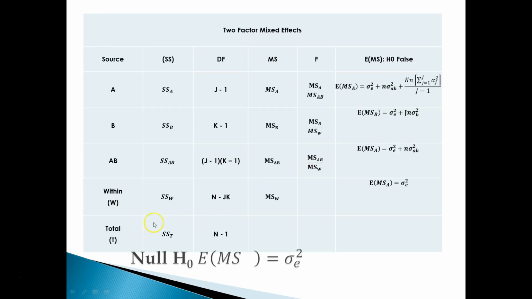So when we talk about dividing these F statistics appropriately, the mean square of interaction is divided by within. For the B term, which is random, the mean square of B is divided by the mean square of within. And for A, because that fixed term has 3 terms, we divide by the interaction term.